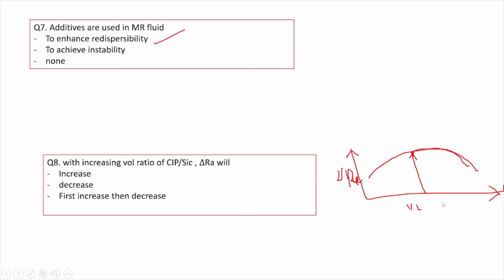So you can see the effects of various process parameters on material removal rate and surface finishing from the lectures, and accordingly you'll get some questions in assignments based on that. What are the effects on the RA value with the process parameters? The right answer is: first increase and then decrease.